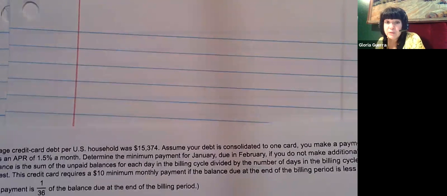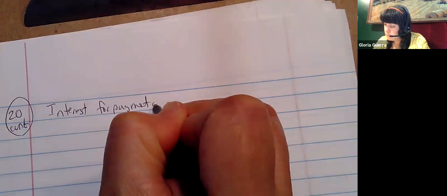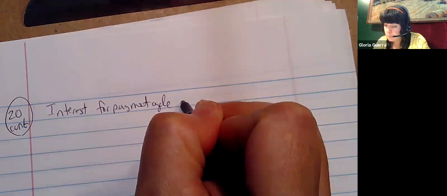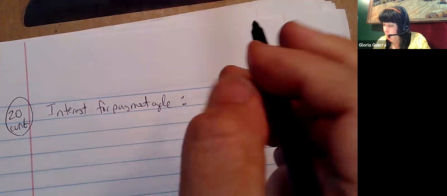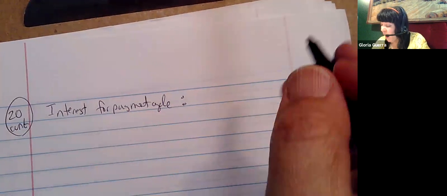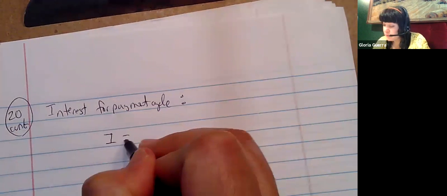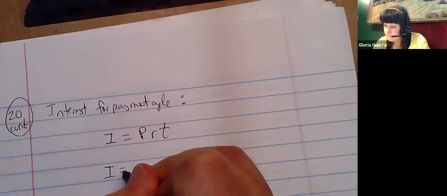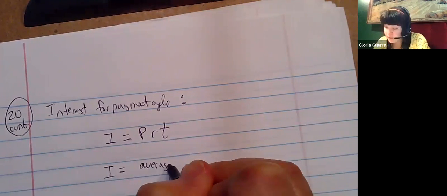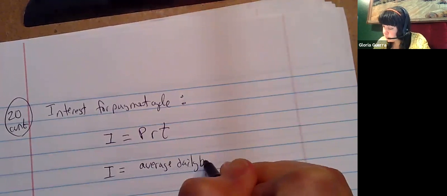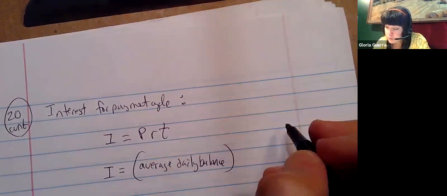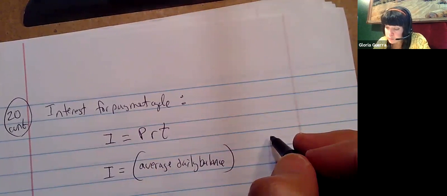See, the interest for this payment cycle is... Okay, so we use I equals PRT, and P is the average daily balance, that's why you need this, times your rate. And that's your monthly interest rate.